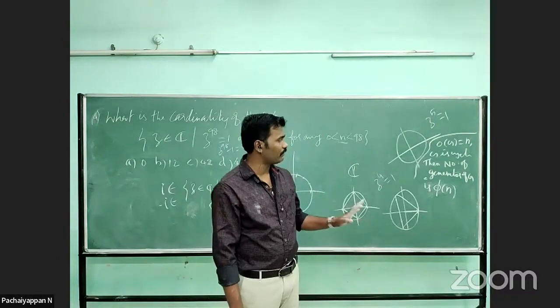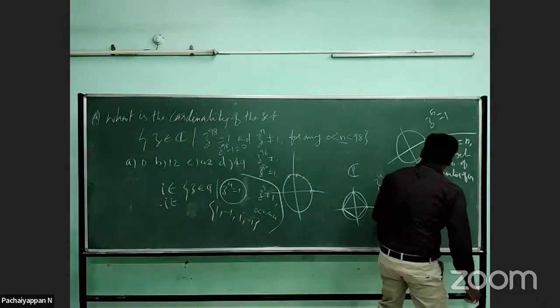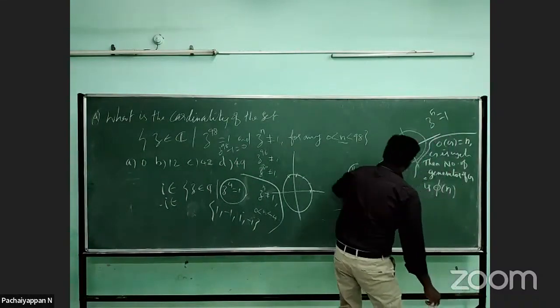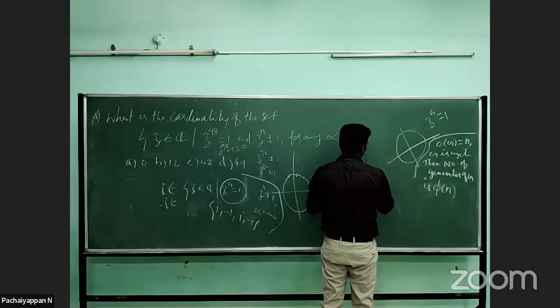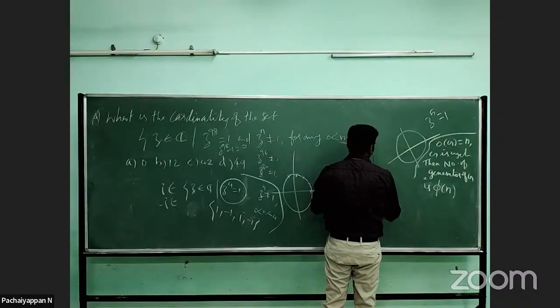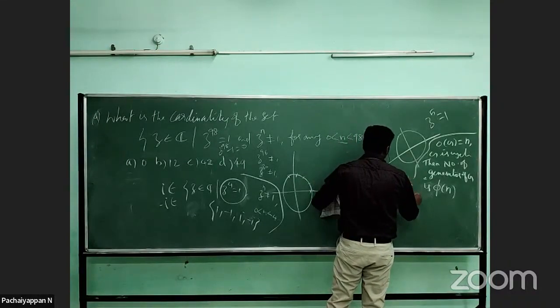Yes, there is. Suppose given any n, I can write it as a product of prime powers: p1 to the alpha 1, p2 to the alpha 2, and so on, pk to the alpha k.